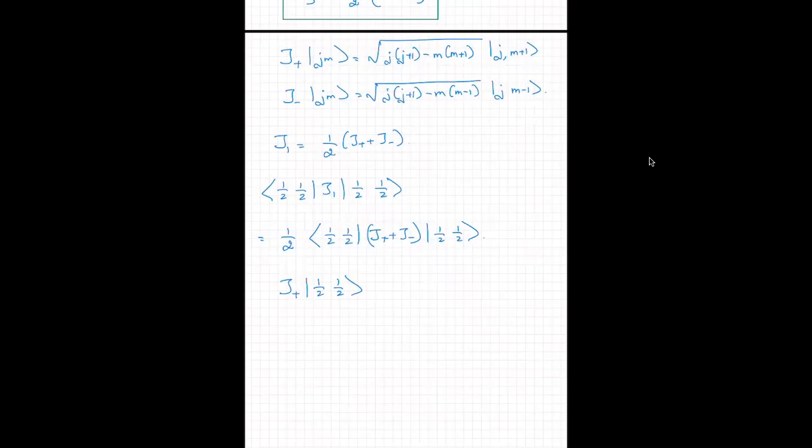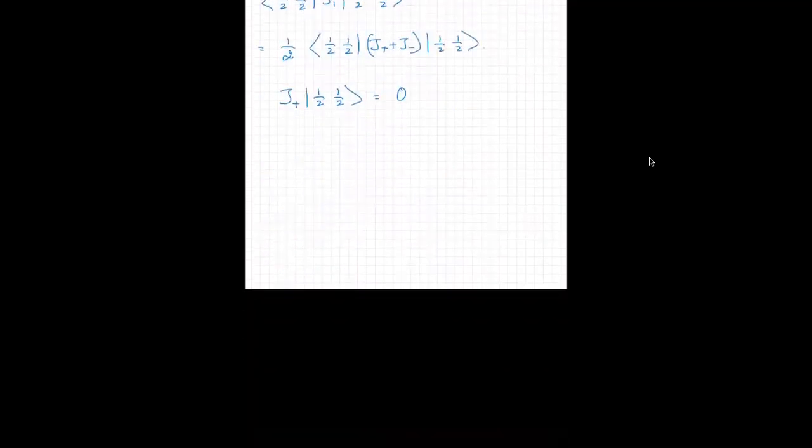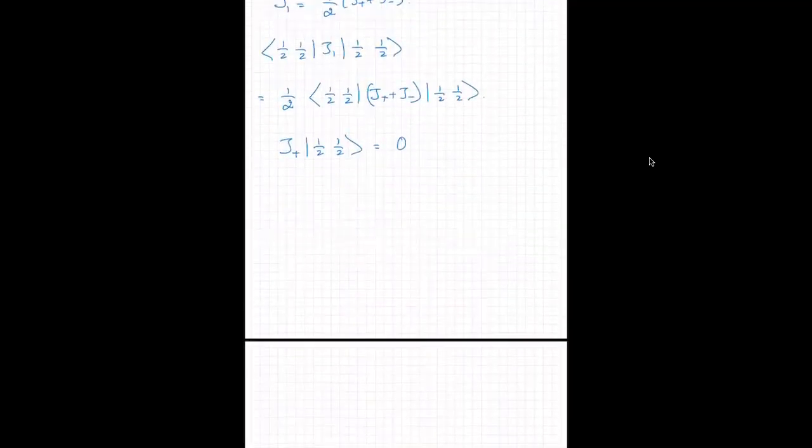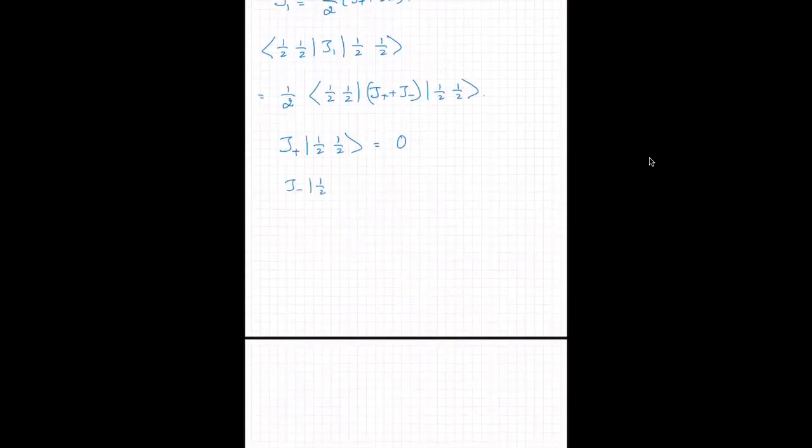So J plus acting on |1/2, 1/2> is 0. Similarly, J minus cannot reduce the value of M to less than -1/2, otherwise I'll go below minus J. So this also equals 0.